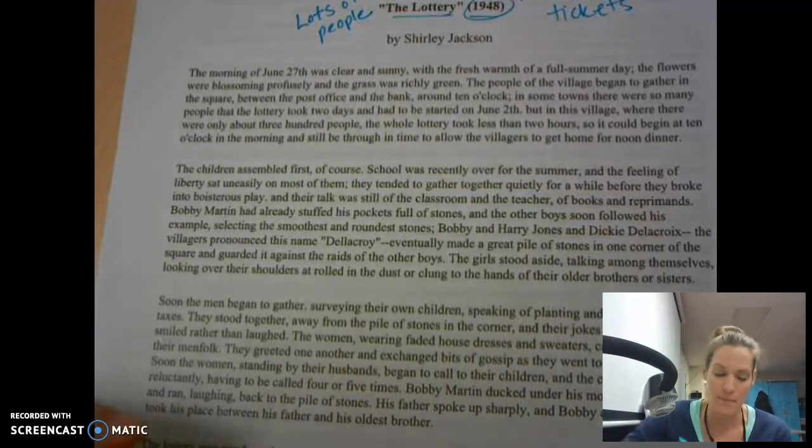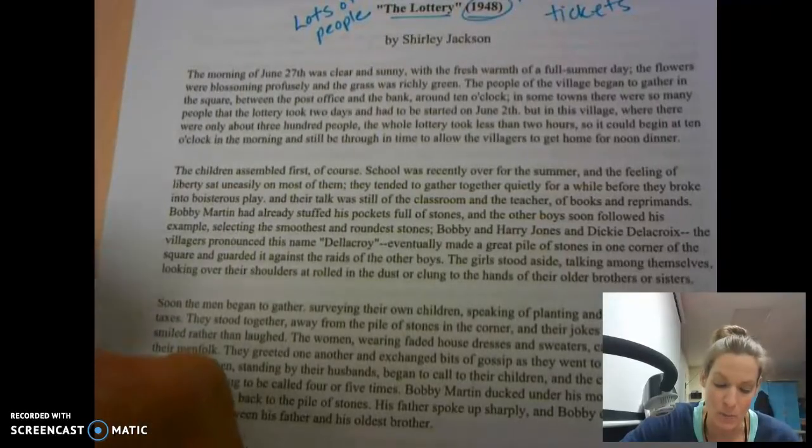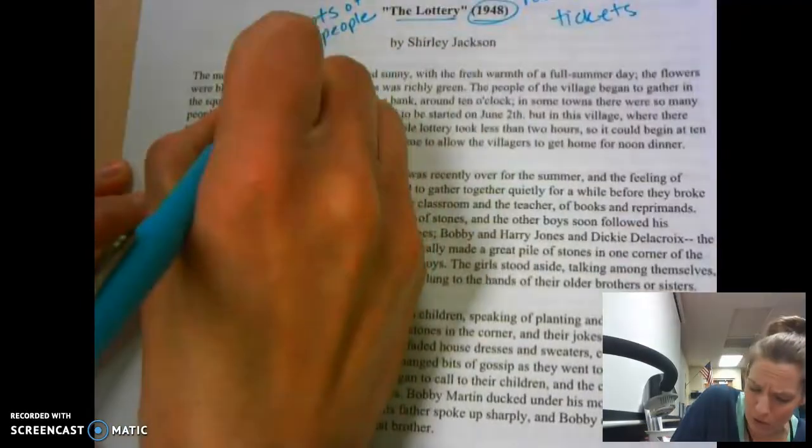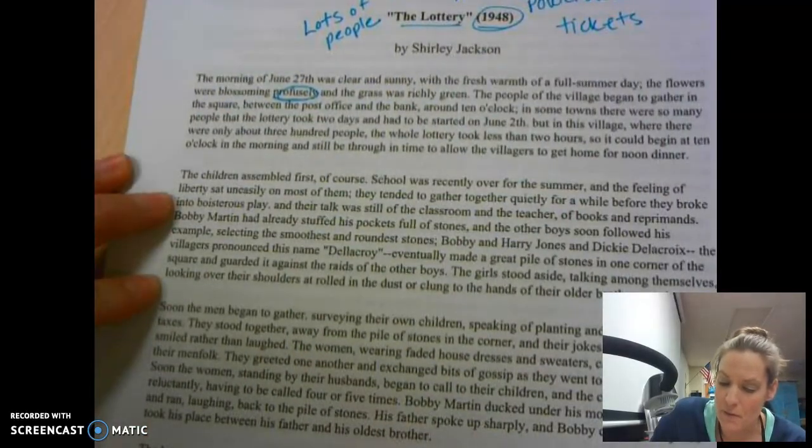The morning of June 27th was clear and sunny, with the fresh warmth of a full summer day. The flowers were blossoming profusely. What a cool word. And the grass was richly green. The people of the village began to gather in the square between the post office and the bank around 10 o'clock.